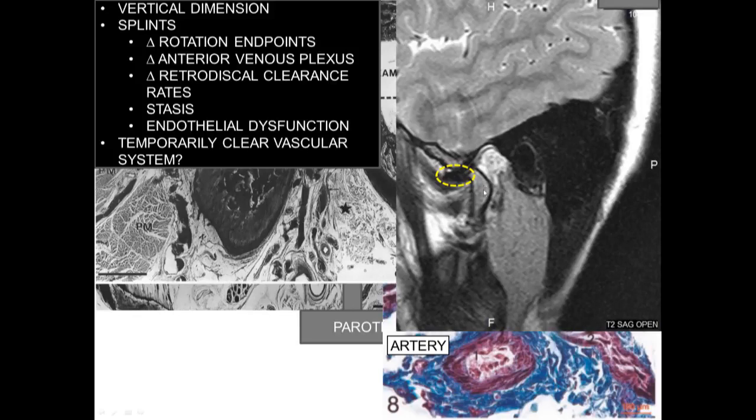It's like flushing a toilet, pushing the lever. And so when I have an appliance in the mouth, I have to start asking this question. What happens to my rotation endpoints? And what happens to my anterior venous plexus and my clearance rates in the back part of this when they're wearing an appliance?